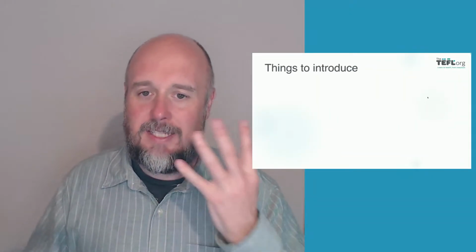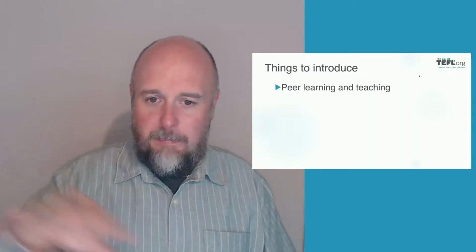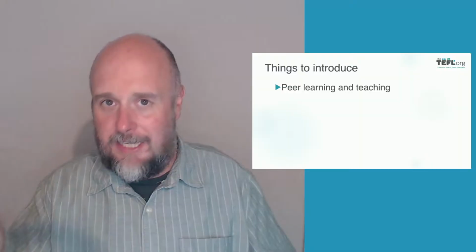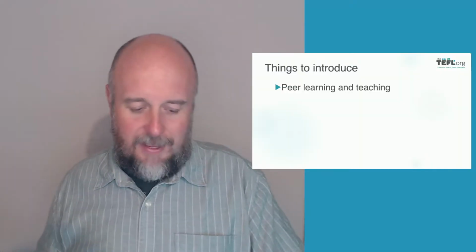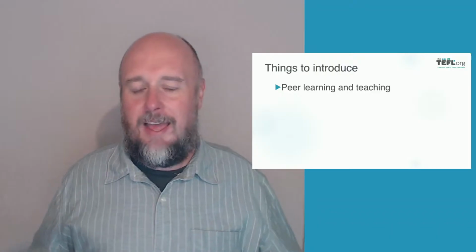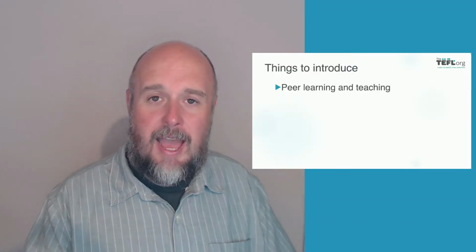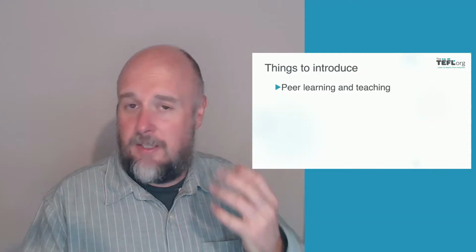Right, so things to introduce into a mixed ability class if this is the sort of thing you have. A bit of peer learning and a bit of peer teaching. What I mean by that is if you can get the stronger ones helping the weaker ones, one of the best ways to learn is to teach. And so that's the best thing.